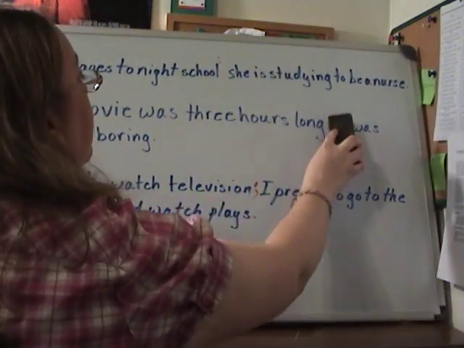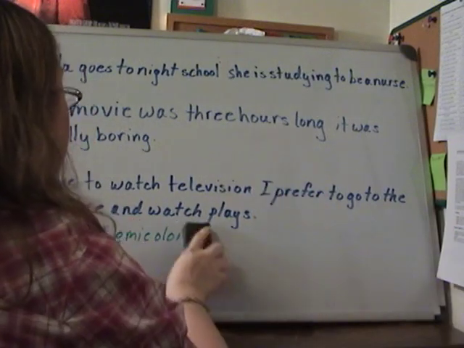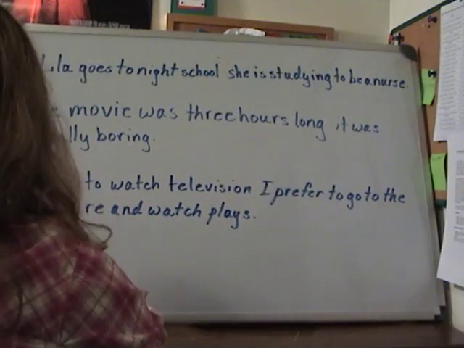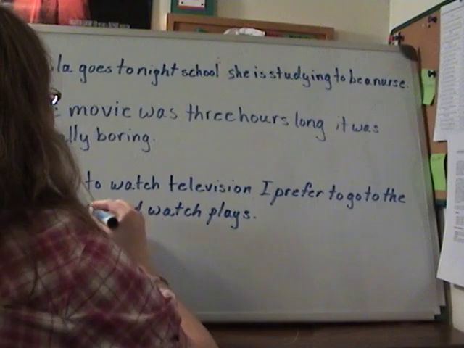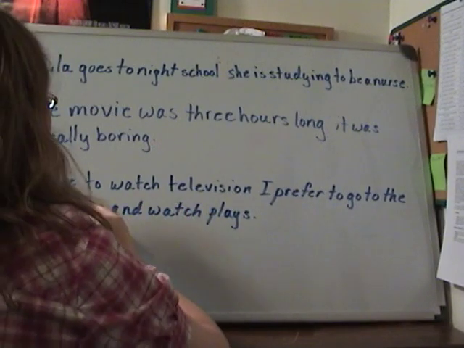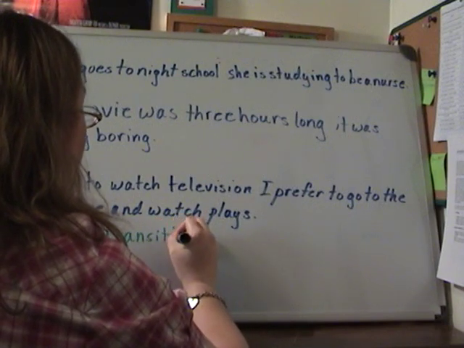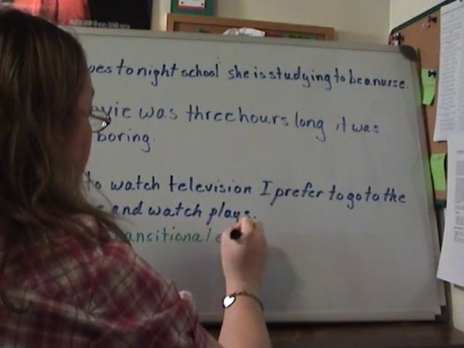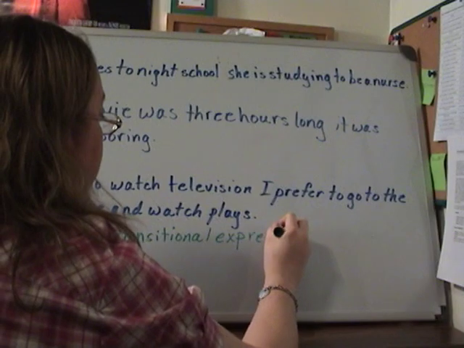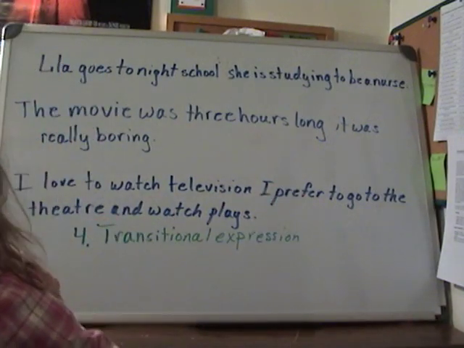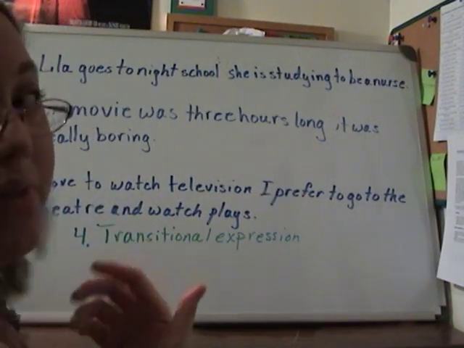The next method for correcting run-on sentences is the use of a transitional expression. Transitional expressions can sometimes be problematic for writers because there is this particular way in which they have to be punctuated. Oftentimes, this punctuation is something that a lot of writers have not seen before.